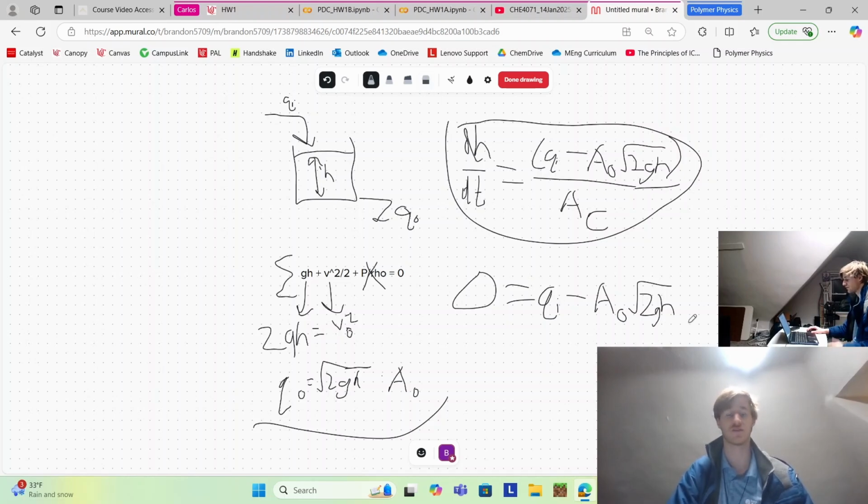Now we want to solve for our height. So we can add the cross-sectional area going out times the square root of 2GH to both sides. And that will give us that it is equal to Q in. Now we can divide by A out.